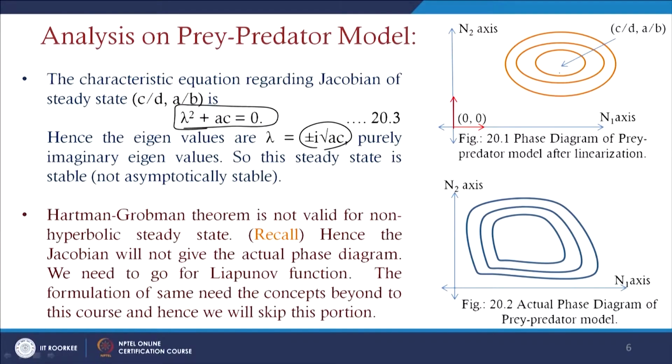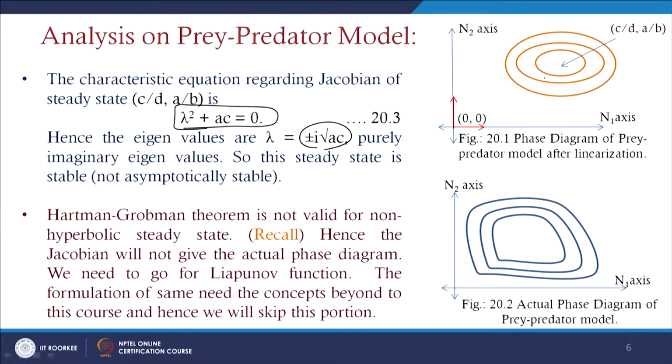This means that when the prey population has grown to a certain level, the predator population also grows, and after that there is a decline of the prey population. Then again there is a decline of the predator population. That is why it follows this elliptic shape.